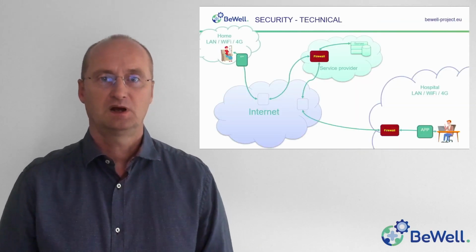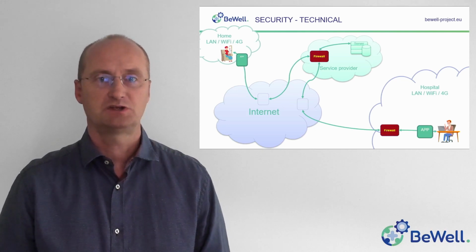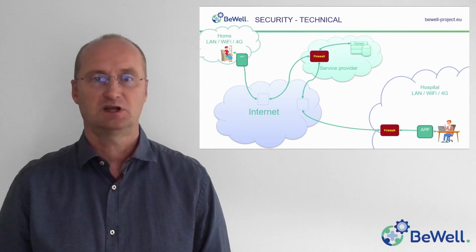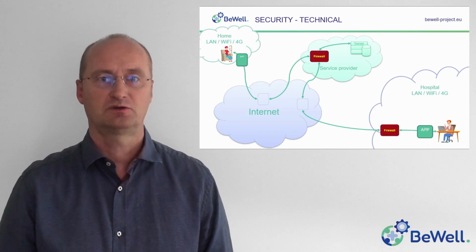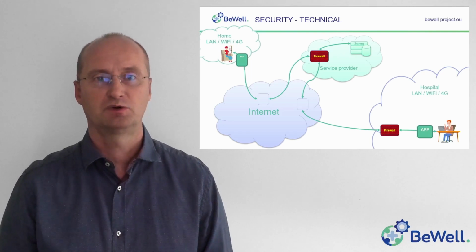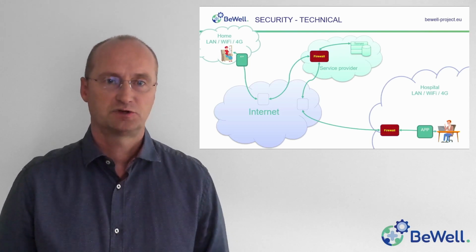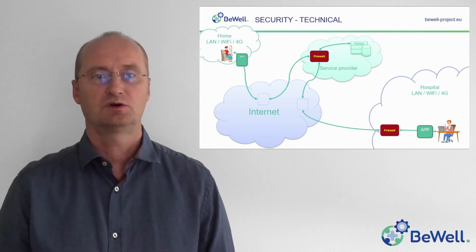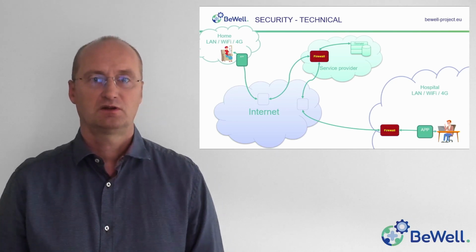Technically, a connection between the patient and the doctor takes place as follows. At a specified time, the patient and the doctor connect to a shared video conference room. A server at the service provider connects these two apps together.